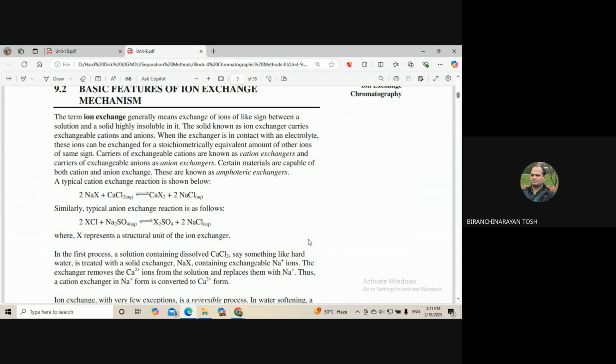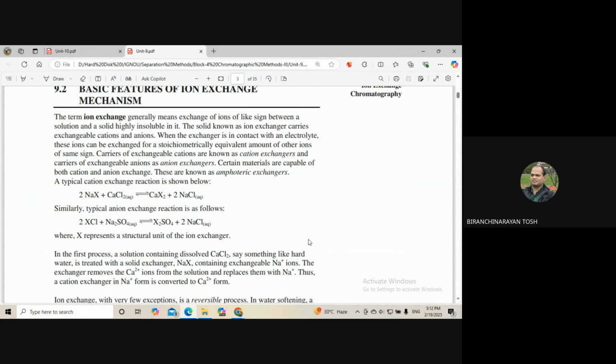A typical cation exchange you can see here: calcium chloride, which is soluble in water, and NaX. X represents the exchangeable anion here. So chlorine will be replaced by X, so that CaX2 forms a compound which will give the precipitate. Sodium chloride will be in aqueous solution, and CaX2 will remain as precipitate, or it will adsorb to the exchanger.